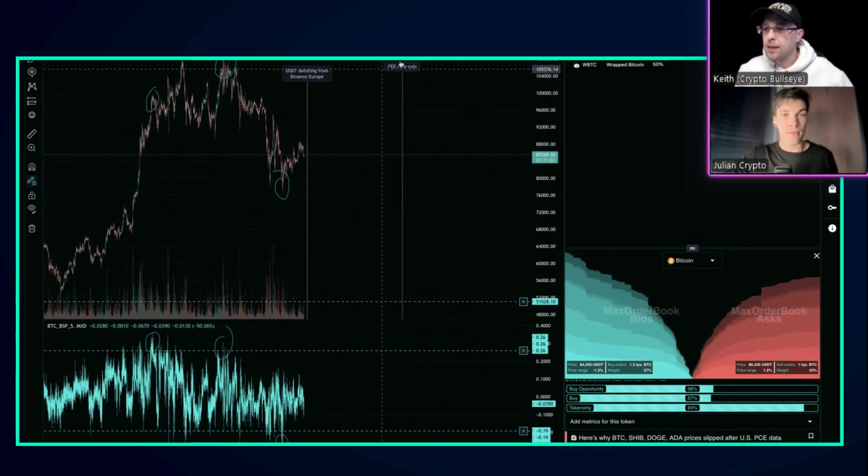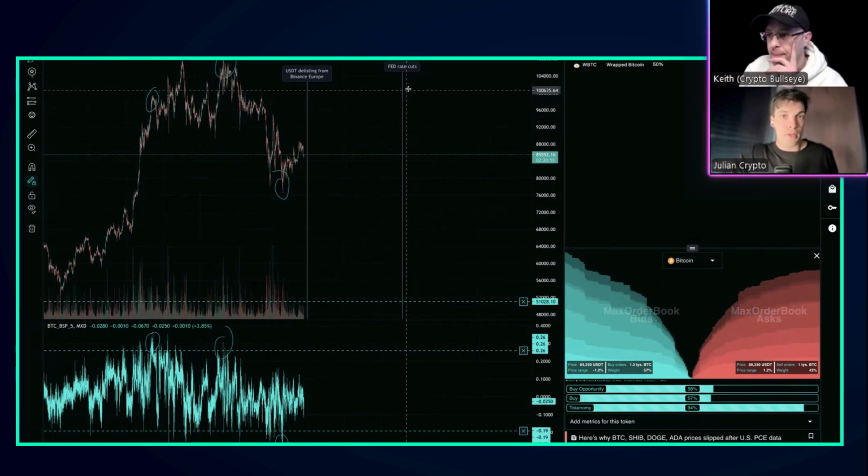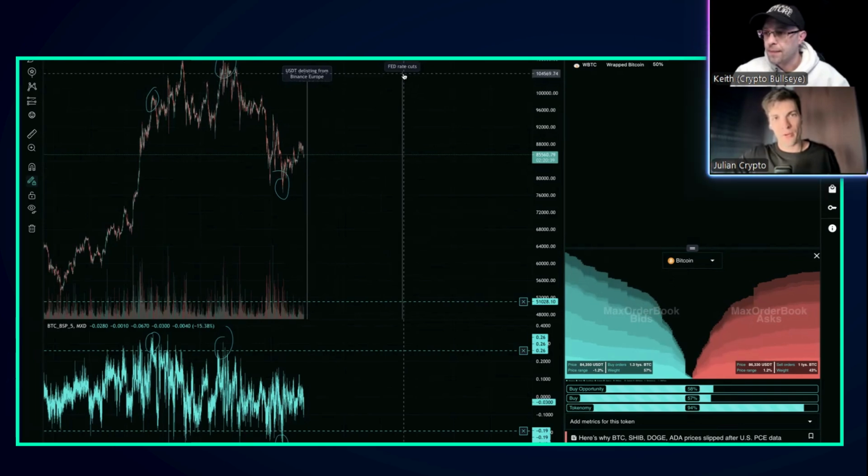In my opinion, that might be a local top. I don't know what the level of that top will be. But probably, in my opinion, the market will be, and me also, I will be going long on spot, of course, but I will be holding assets from the beginning of April until the rate cuts, 18th of June.